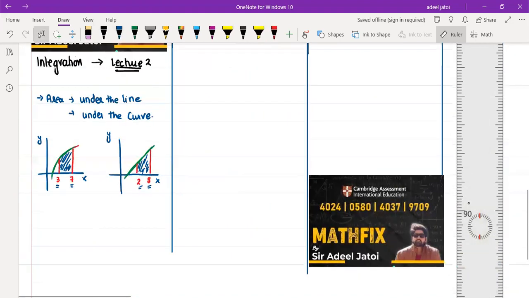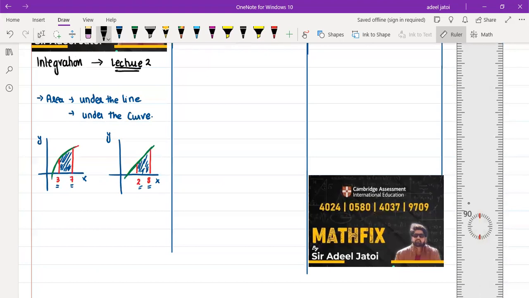Your set standard formula to take out the area is area equal to integration, your upper value and your lower value. Your upper value and lower value will be used when you integrate y.